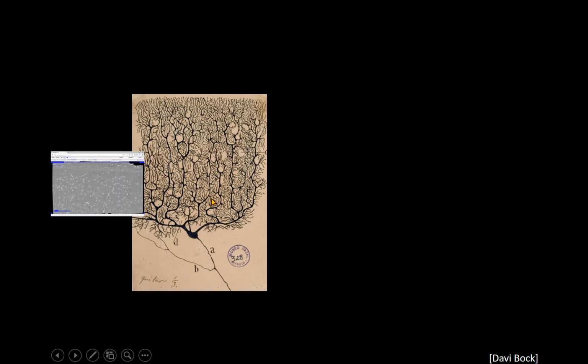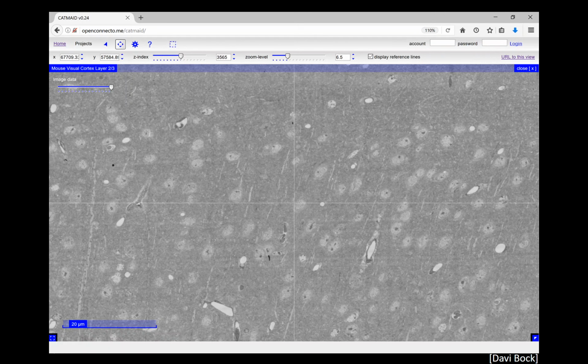And this is here drawn roughly at the same scale. So this electron microscopic image is very broadly at the scale of this drawing of Cajal. And I want to show you some of the raw data, which was acquired by Davi Bock in his PhD thesis.